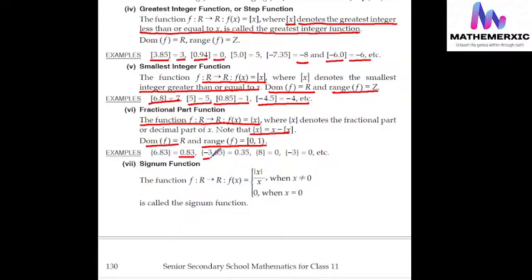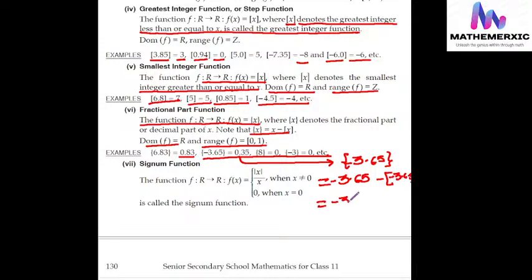If I just write it here, negative 3.65 can be written as negative 3.65 as it is minus the step function of negative 3.65.